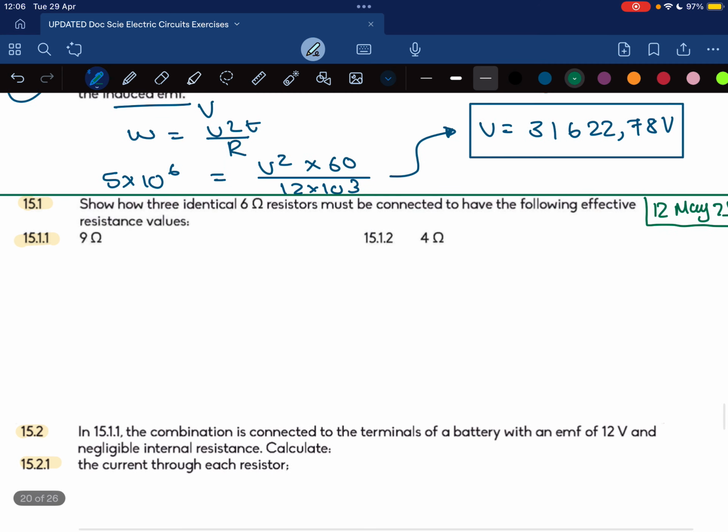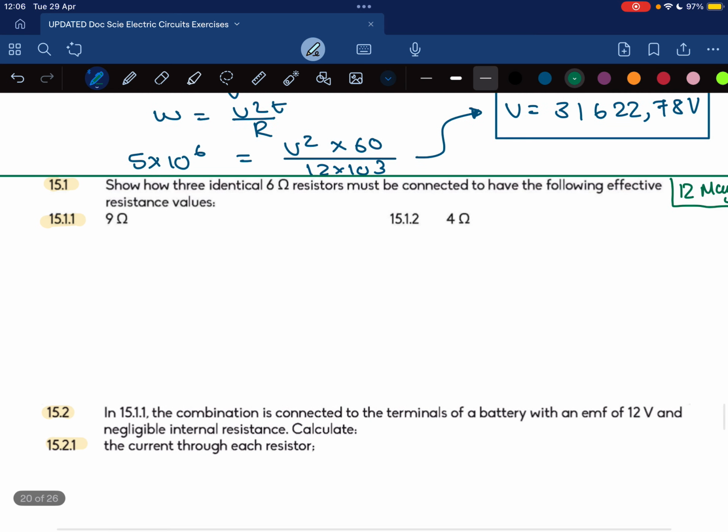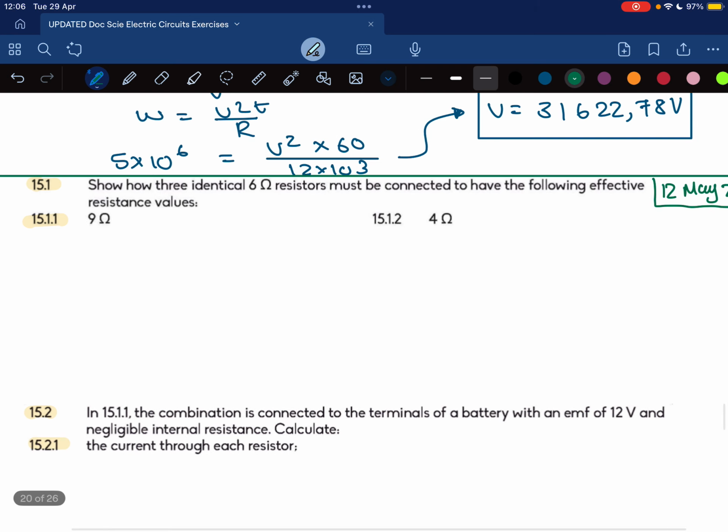Let's start at number 15.1 in the same exercise that we've been busy with. It says, show how 3 identical 6 ohm resistors must be connected to have the following effective resistance values: 9 ohms and 4 ohms.